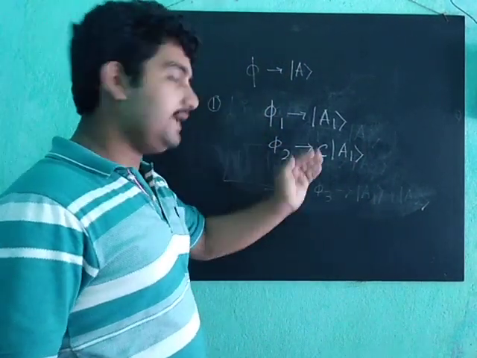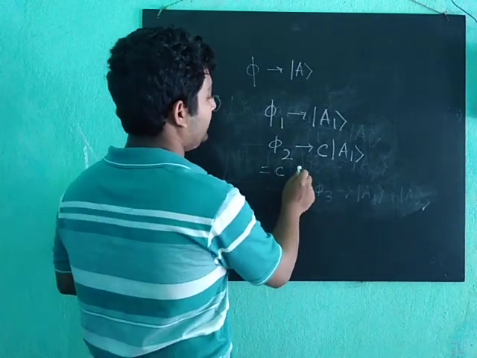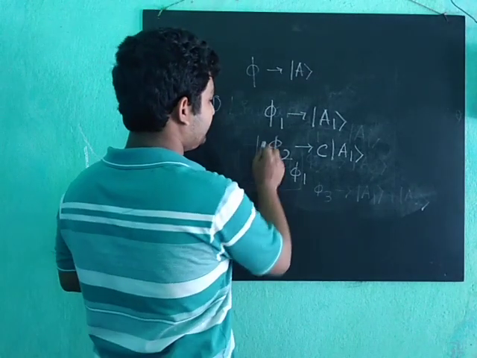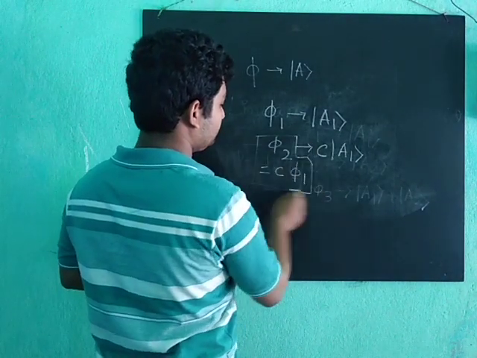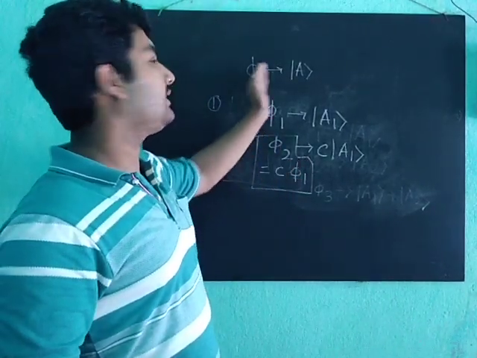Then phi2 will be C times phi1. So this is the second property of this number phi.